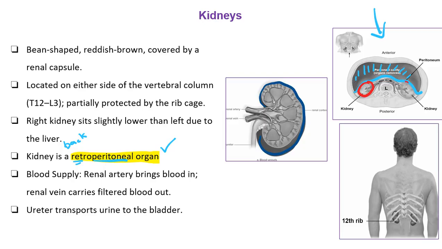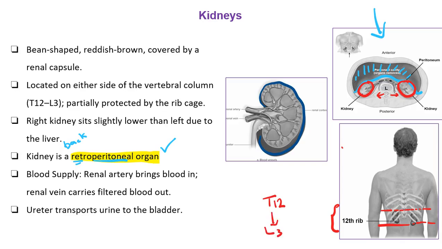Here we have our right and left kidney, found on either side of the spine or vertebral column. If you draw a line passing through the superior and inferior border of the kidney, the kidney is found between vertebrae T12 to L3.